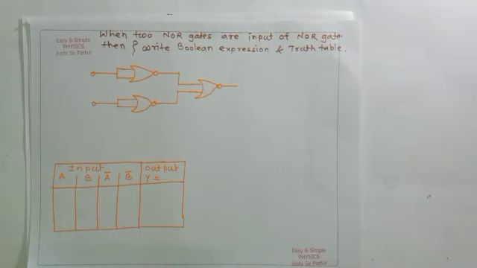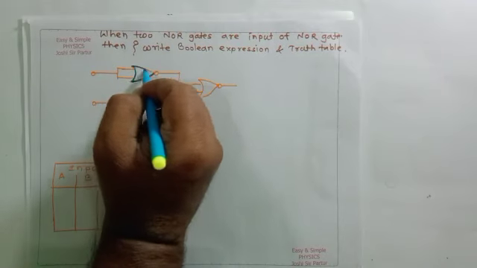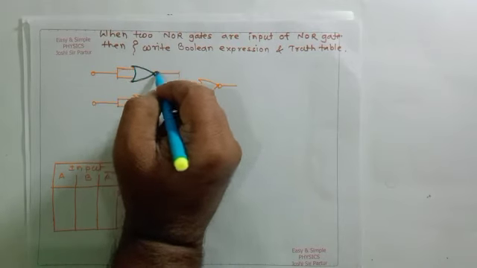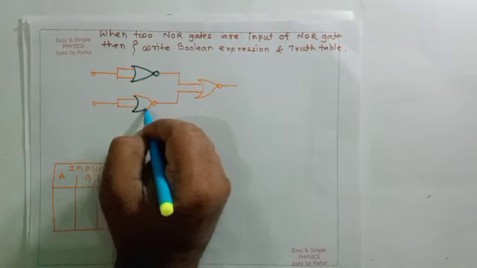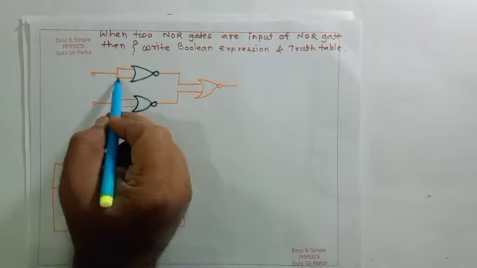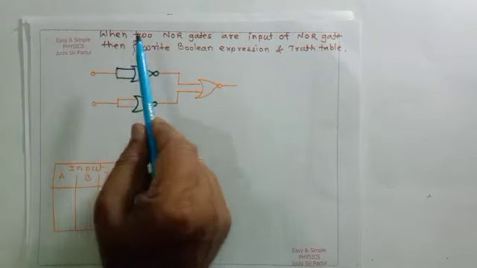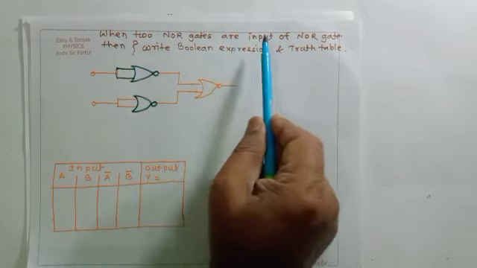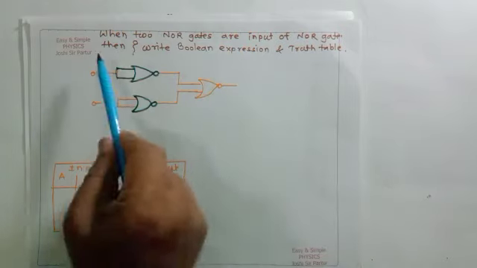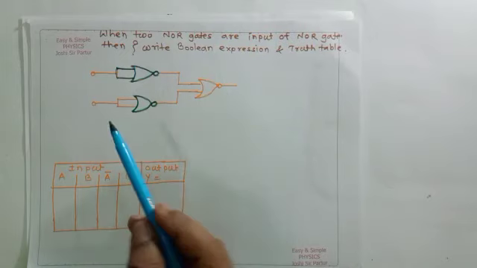Another example will be seen with two NOR gates, whose inputs are shorted. The question is, when two NOR gates are the inputs of a NOR gate, write the Boolean expression.